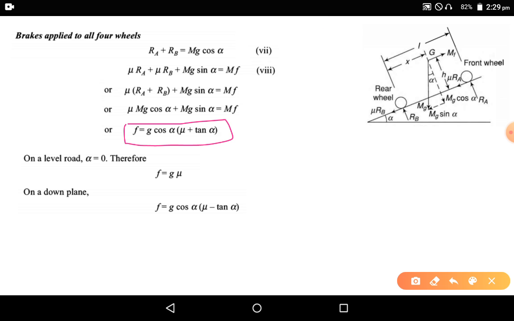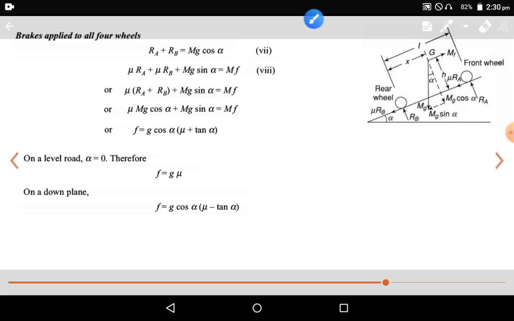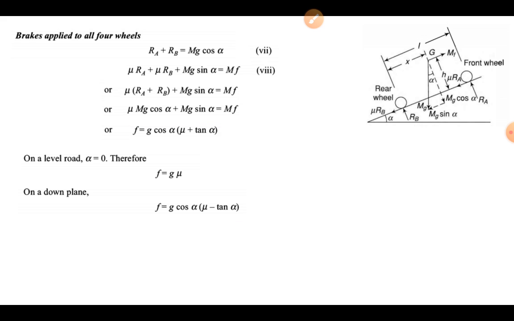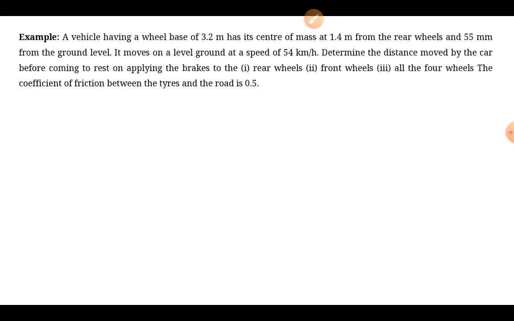This is for uphill, this is for flat surface, and this is for down plane, right? So these are the three formulas which will be used to solve numericals based on stability of vehicle or the braking of vehicles, right? Effect of braking. So let's solve some numerical problems.